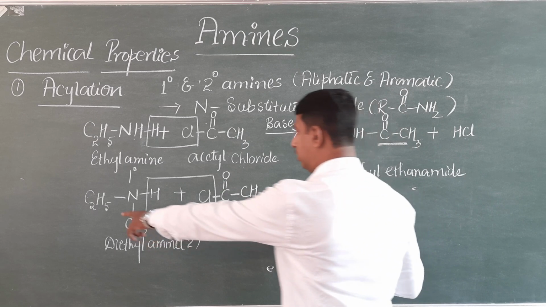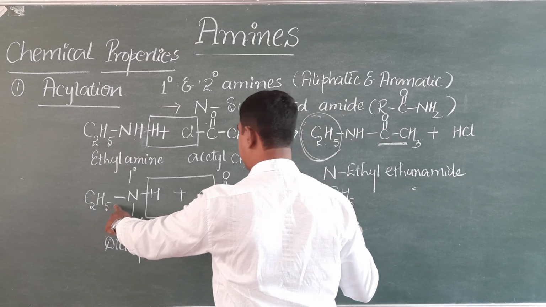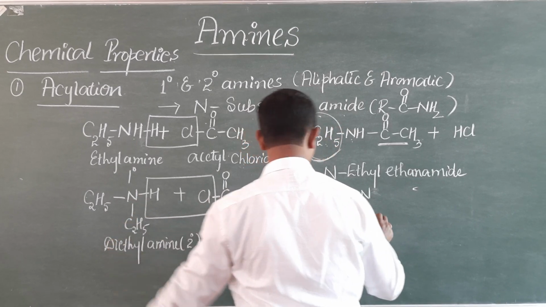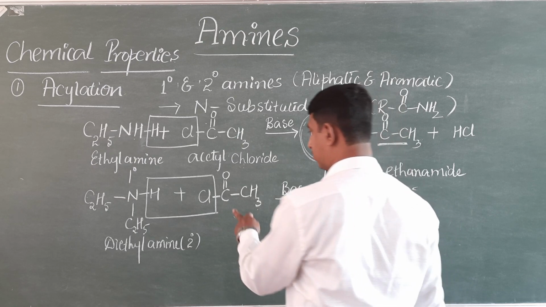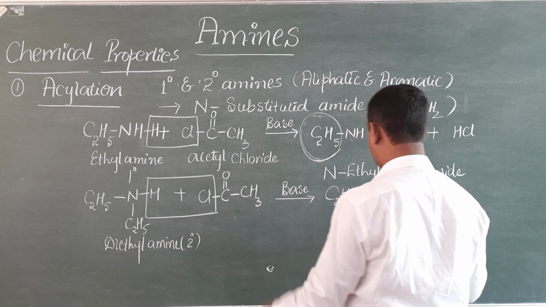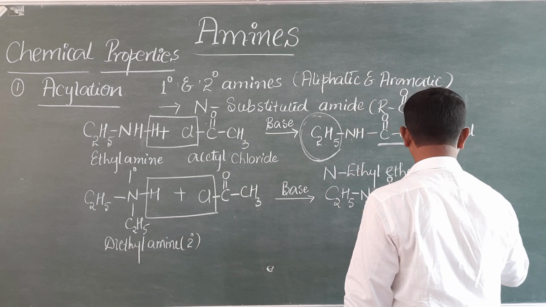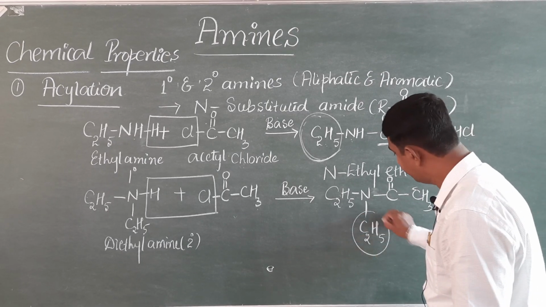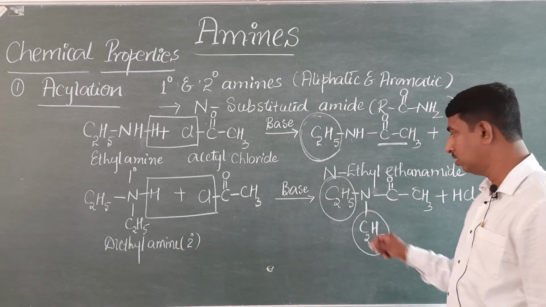Let us write the product. C2H5, then N, again below C2H5. On the other side, it is C double bond O CH3, plus HCl. See, these two are substituent groups present upon nitrogen.